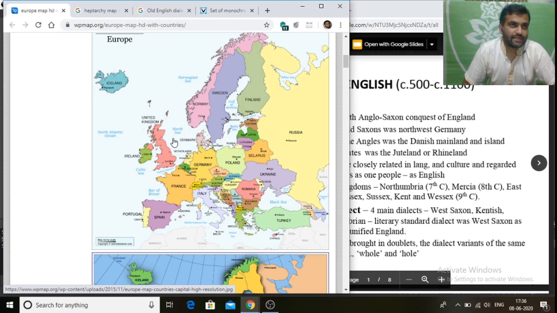Now, what happened by around 40 AD? The Romans, at that time it was the Roman Empire, the great rule of the various Caesars of Rome. There was a Roman invasion of England, and England was occupied by the Romans around 40 AD. They ruled England, the so-called England at that time, for about 400 years.